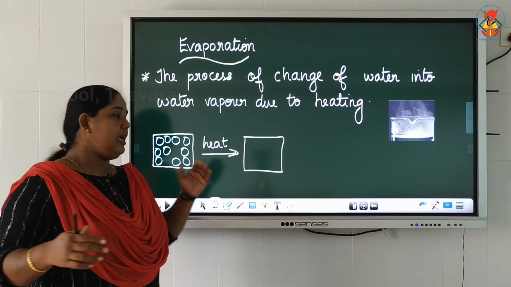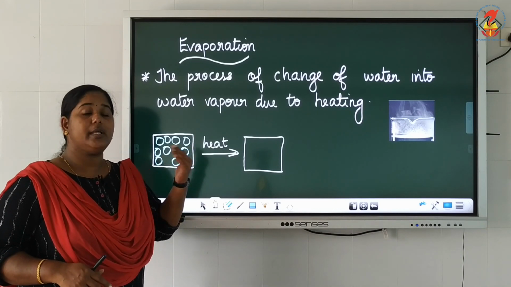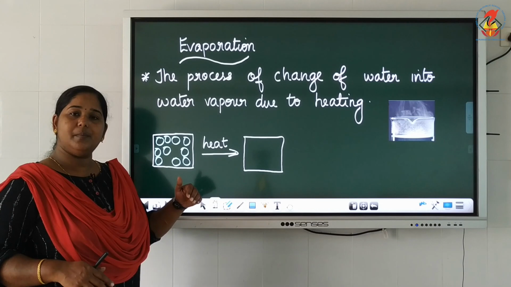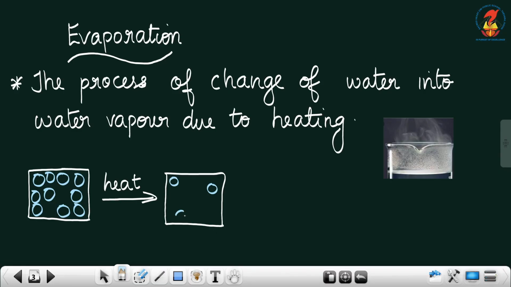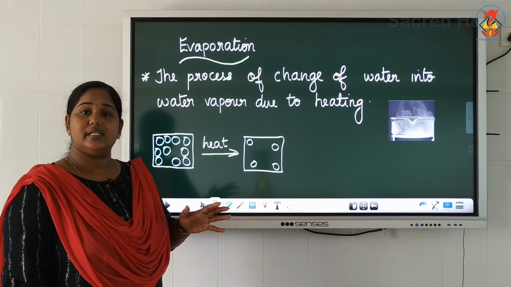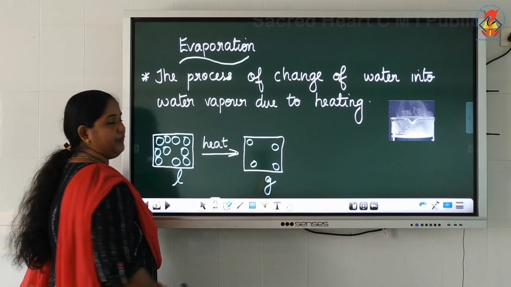In the same way, when water is heated, some molecules escape out and the remaining molecules have too much space between them, and they are changed into a different form of water. What is it? That is a gas. So liquid, when it is heated, changes into gas.